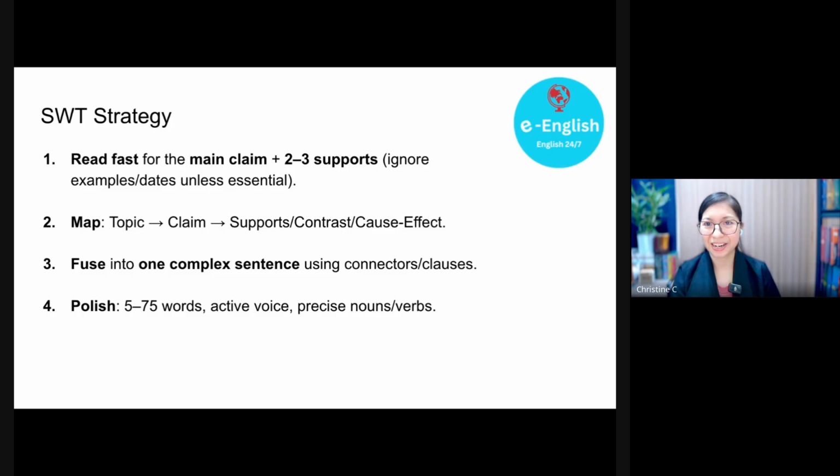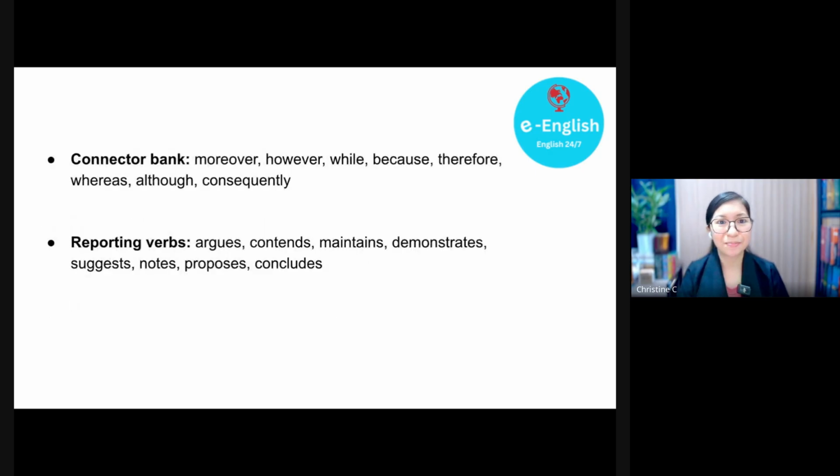You can use active voice, precise nouns, and verbs. Let's take a look at what this is about in our sample prompts later. Here are some connectors you can use: moreover, however, while, because, therefore, whereas, although, and consequently. These connectors are very useful in linking your ideas together, especially because you are fusing these ideas in your notes into one complex sentence.